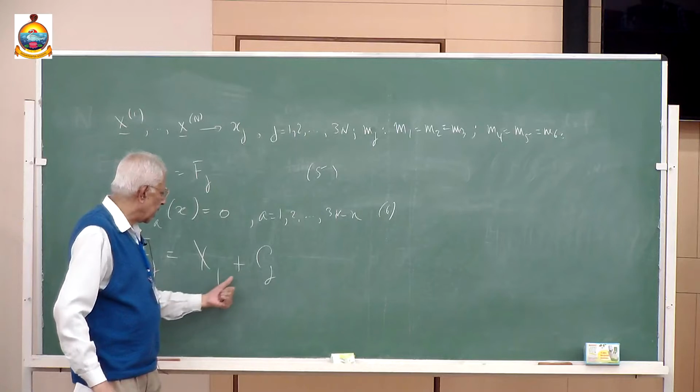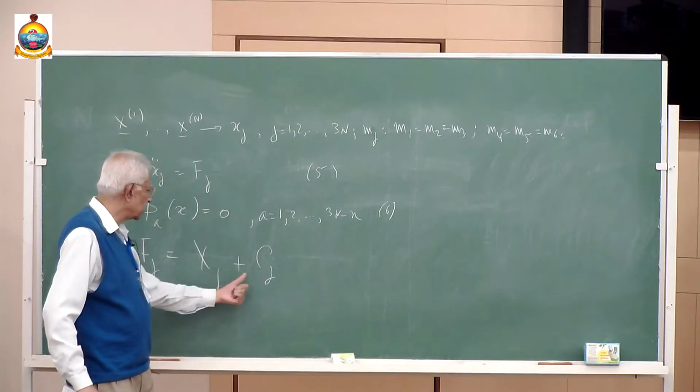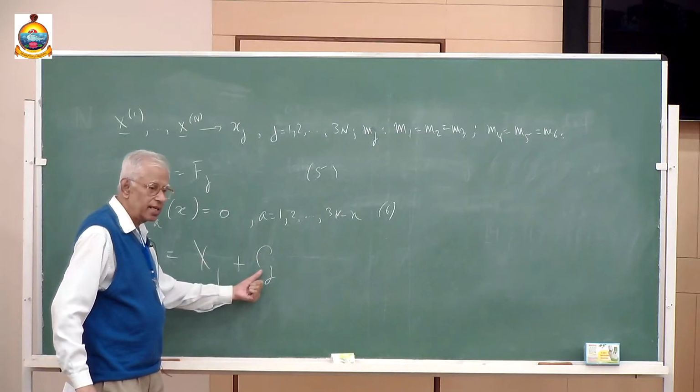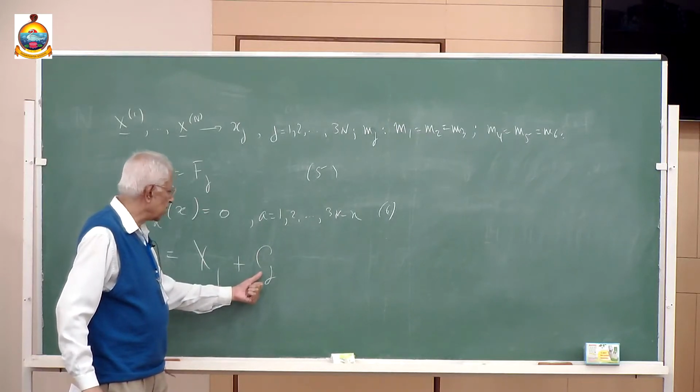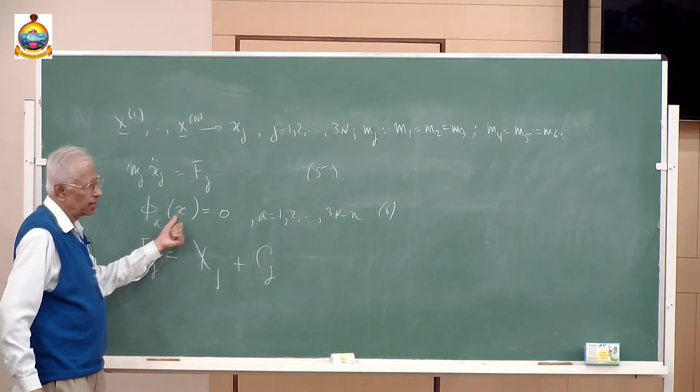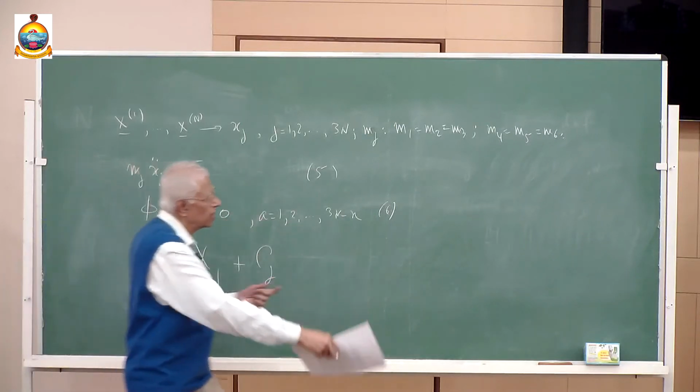It is the other part in each force, Cartesian force component F, which I write as a constraint force. The forces which are needed in order that these restrictions be always satisfied. So those are the forces of constraint.